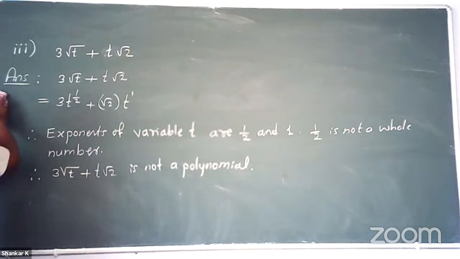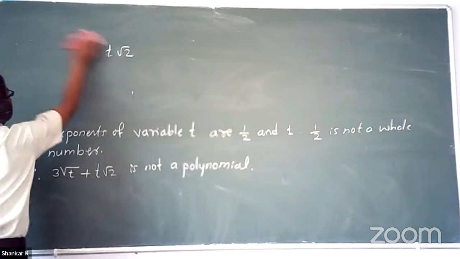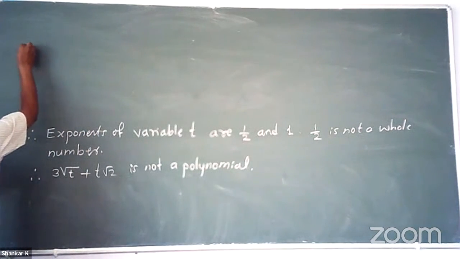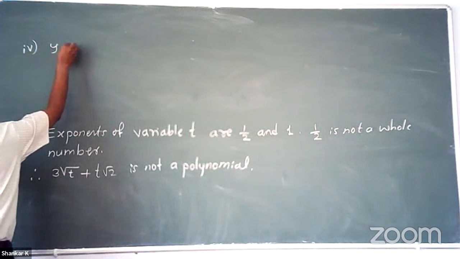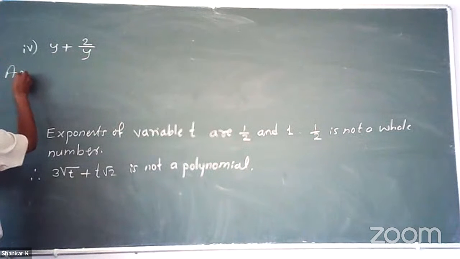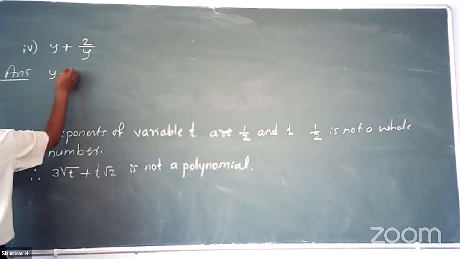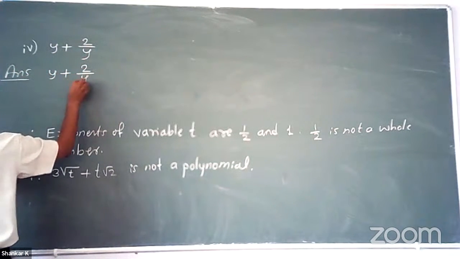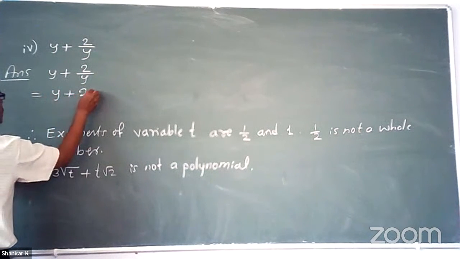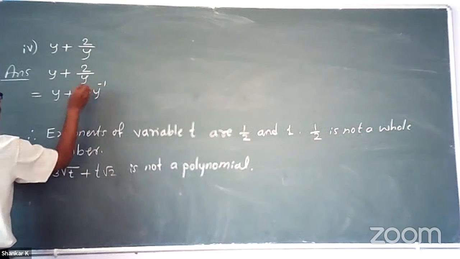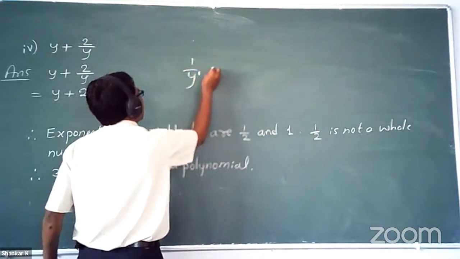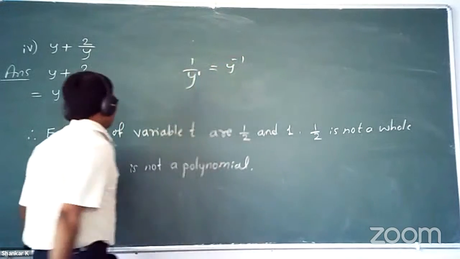Next example, fourth: y plus 2 divided by y. Answer: y plus 2 divided by y can be written as y plus 2 times y raised to minus 1. 1 by y is y raised to minus 1.